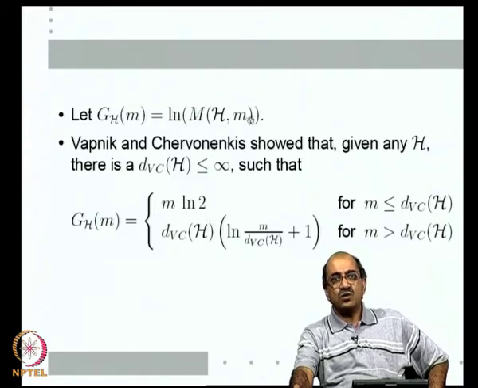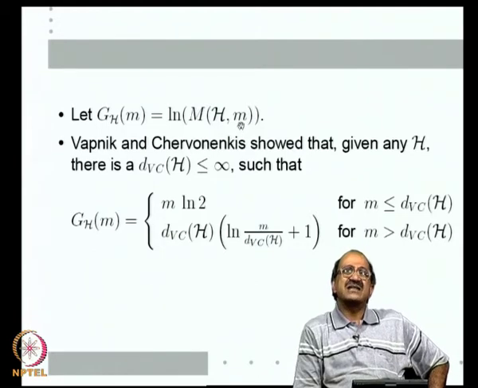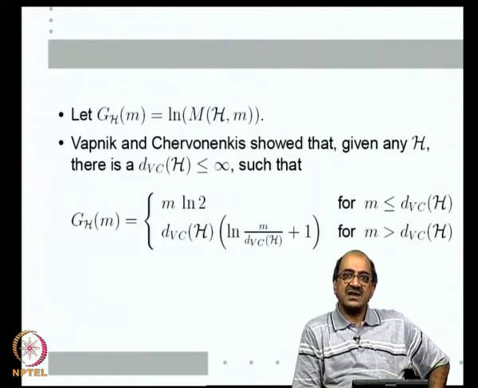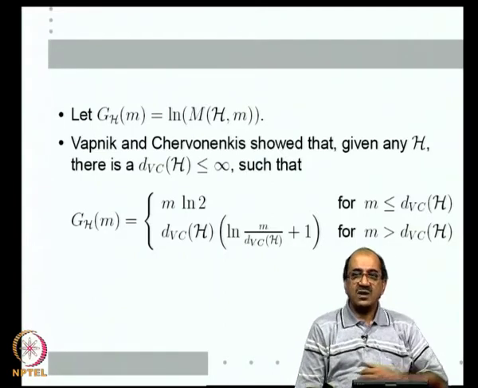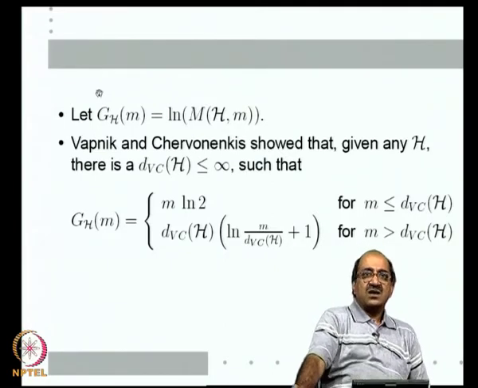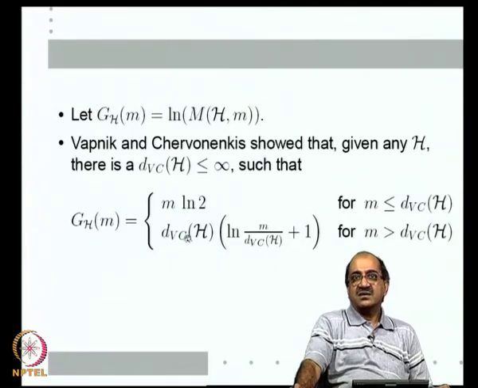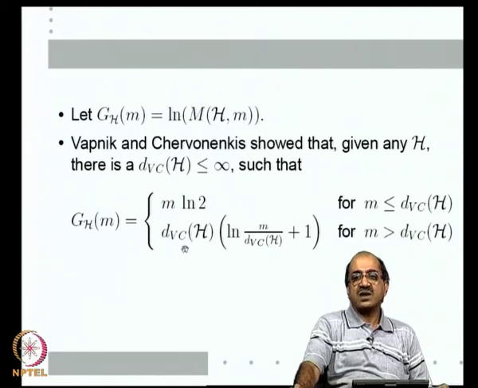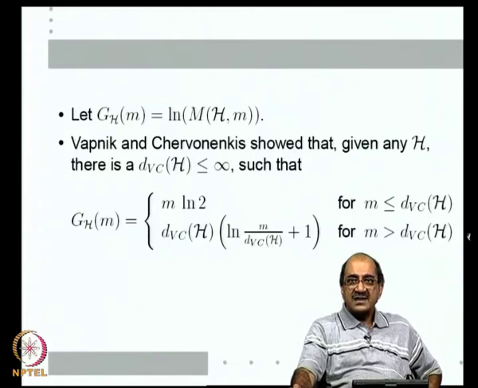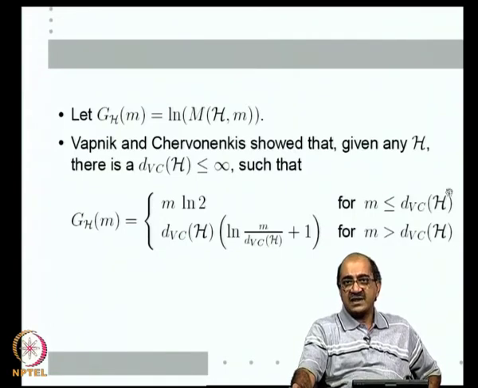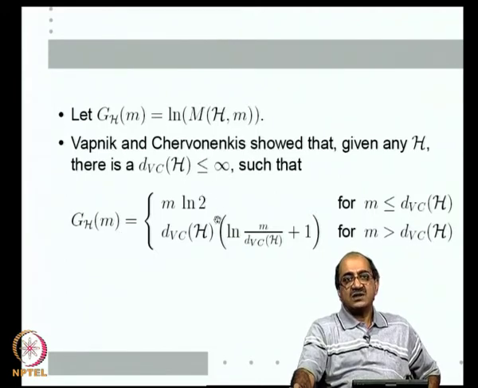We already know that given m samples, the maximum possible number of distinguishable things on any m sample is 2 power m. So, what this result shows is, of course, in the beginning, the maximum distinguishable number of functions grows as 2 power m, as the intuition says. Till m reaches d VC of h, g h of m grows linearly, or capital M grows as 2 power m.